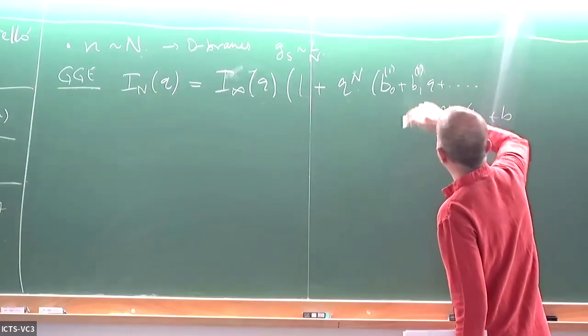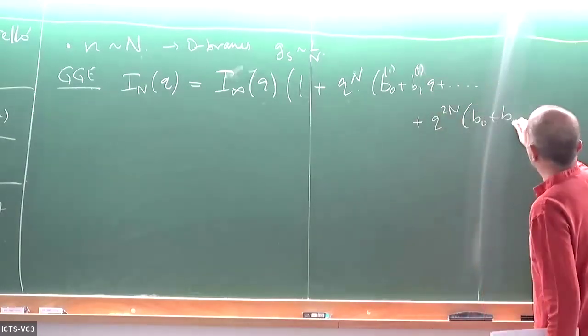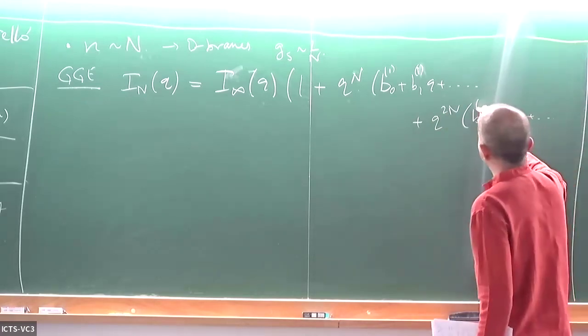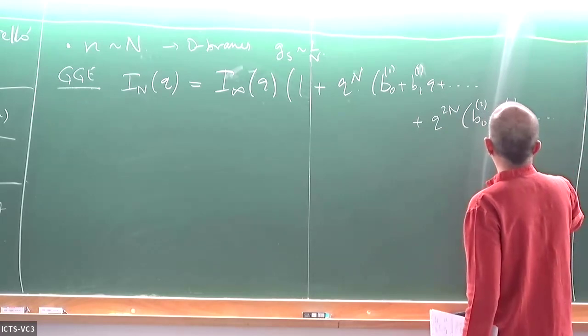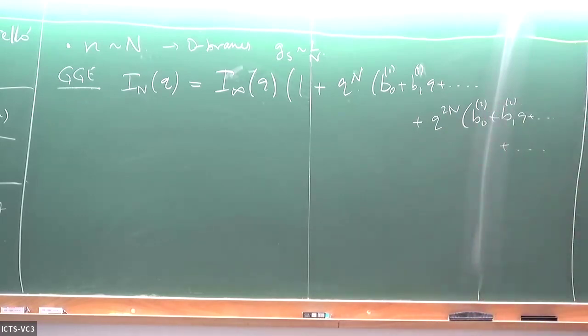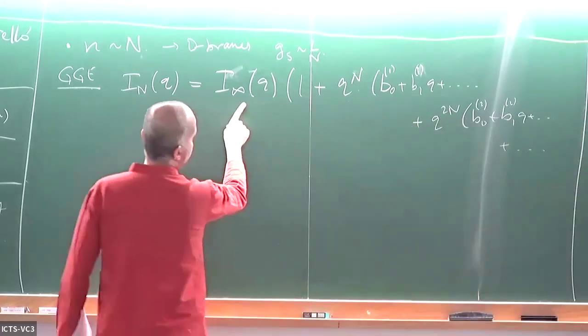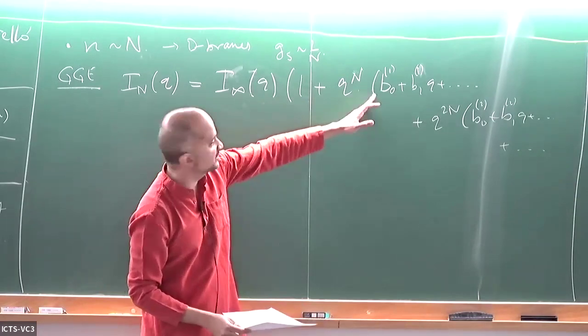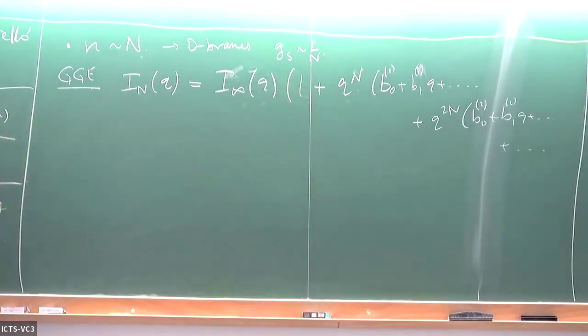This is always 1, B1, B2, etc. And now it's 2. So I hope the pattern is clear. We factor out I infinity and then ask what happens starting with n. Maybe I meant n minus 1 here.